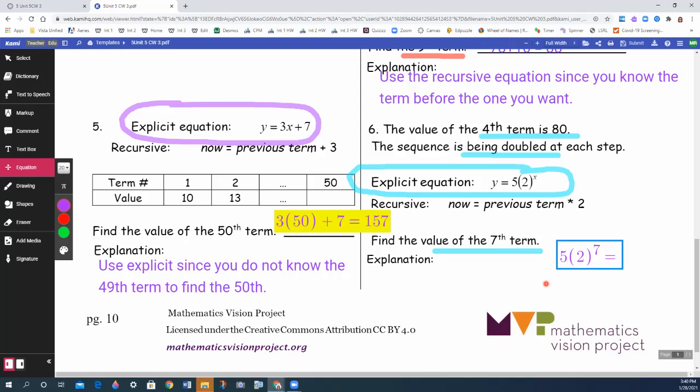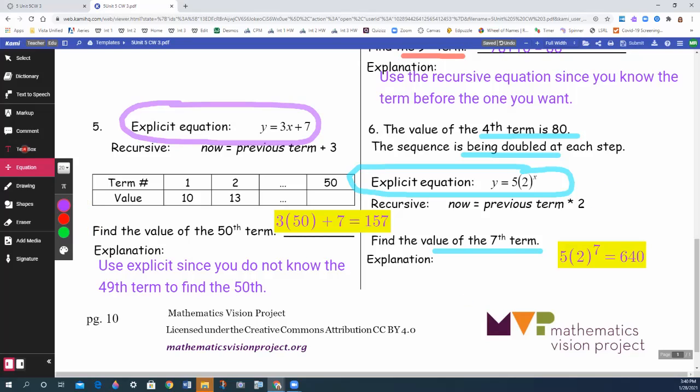And just a little reminder, this is not 5 times 2, 7 times, or 10 to the 7. Only the 2 is being raised to the power 7. It's 5 and then times 2, times 2, times 2, 7 times. Okay, and if I put this in my calculator, I end up getting 640. And so that would be the 7th term.